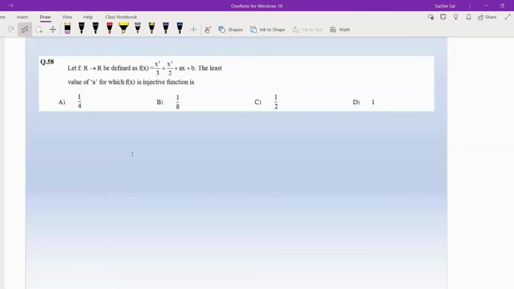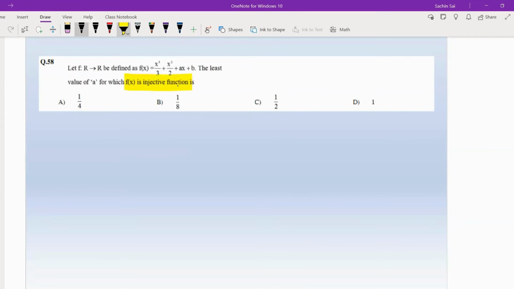Question 58. f is a function from the set of real numbers to the set of real numbers. Find the least value of a for which f of x is injective. Now, when you have a differentiable function, what is the condition for f of x to be injective?